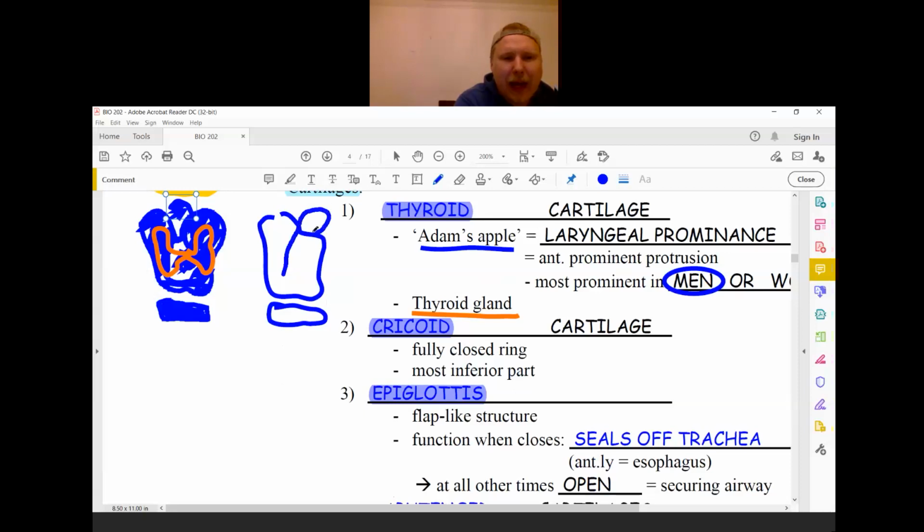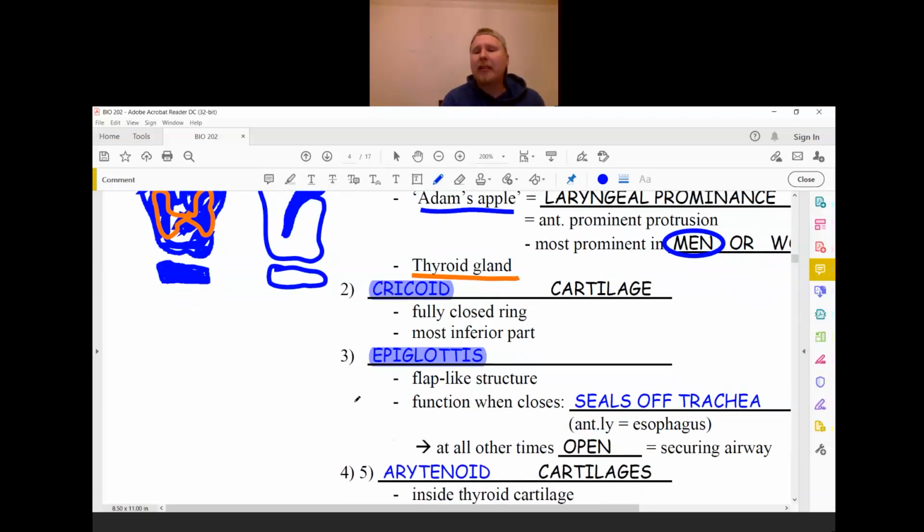So it's this kind of a flap-like structure inside our thyroid cartilage, if you wish. At all other times, other than when swallowing, it is going to be open.